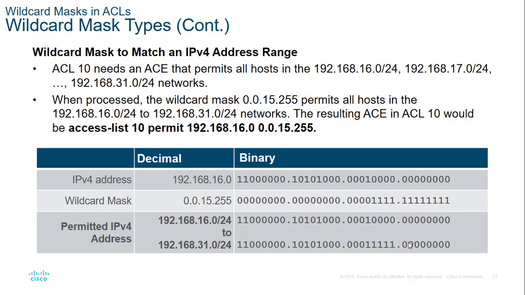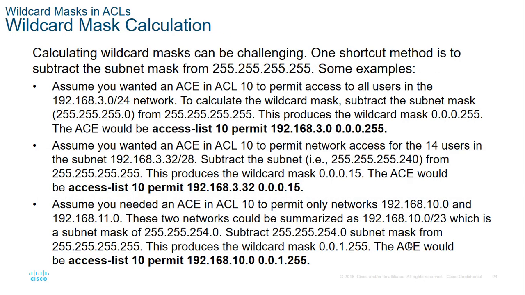So calculating a wildcard mask can be a bit of a struggle, and it can be challenging. But one shortcut method would be to subtract the subnet mask from all 255s. Let's assume you wanted an ACL to permit access to all users in the 192.168.3 network.